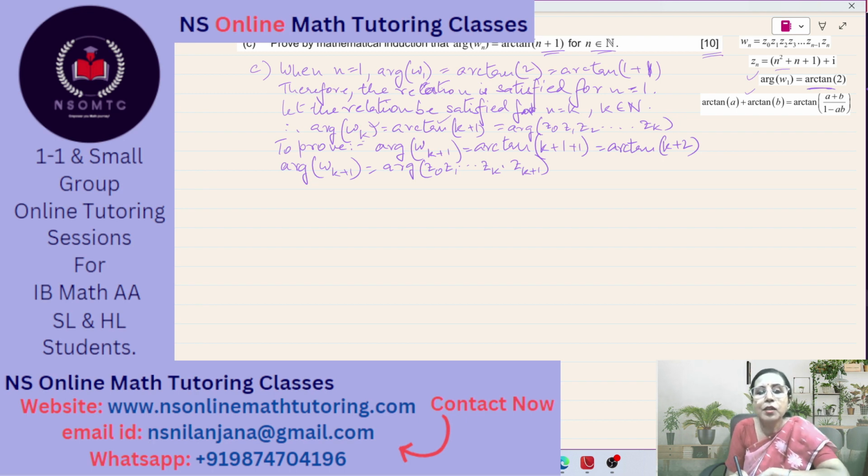And if we group this part together and take this separately, I can write this as argument of z0, z1 up to zk plus argument of zk plus 1. Okay?